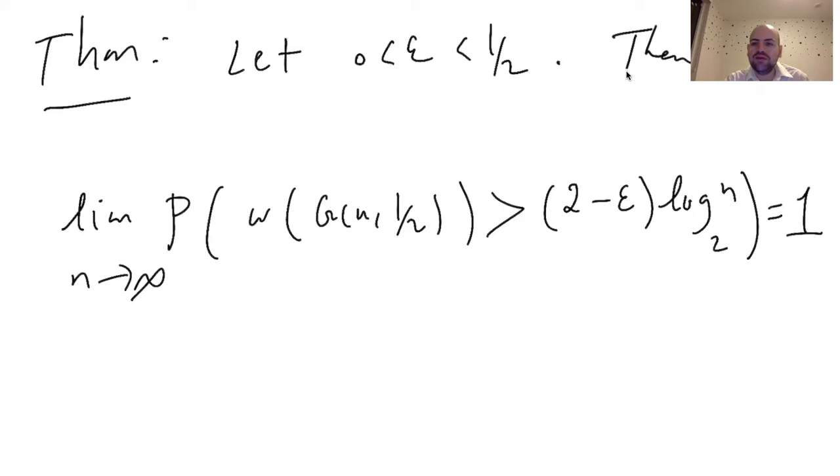Okay, so can you imagine what type of behavior this clique number would have? That is a number that is less than 2 log n, but bigger than 2 minus epsilon times log n for any positive epsilon.